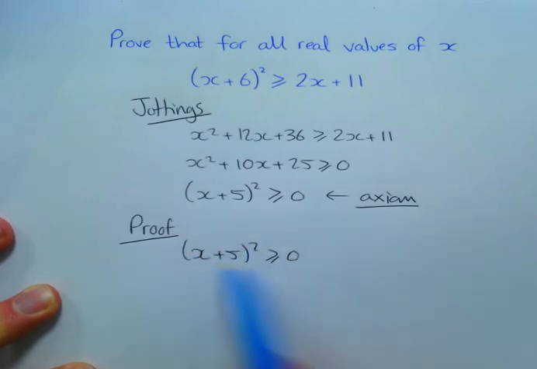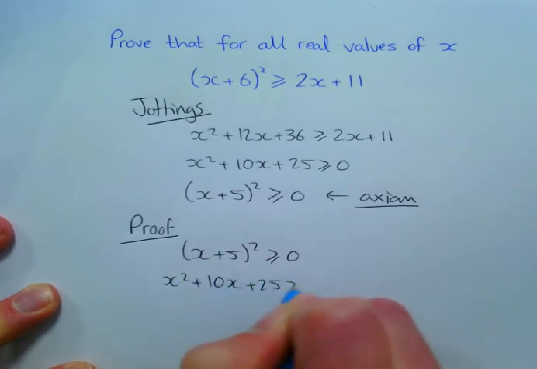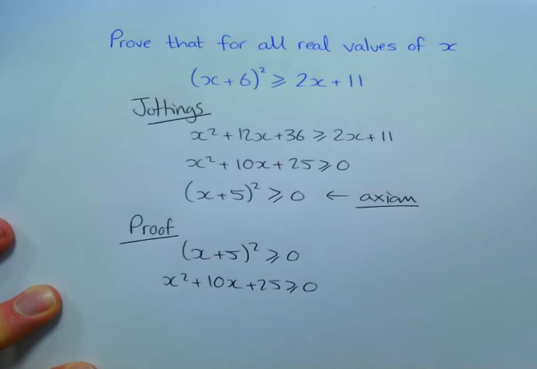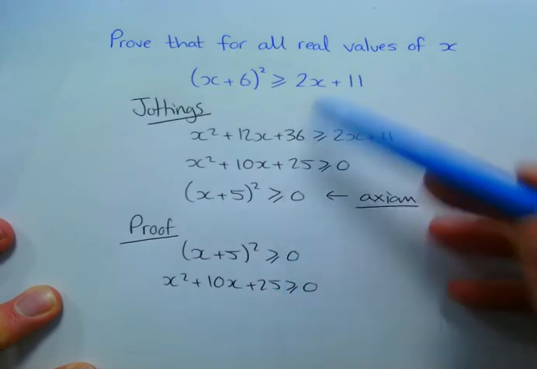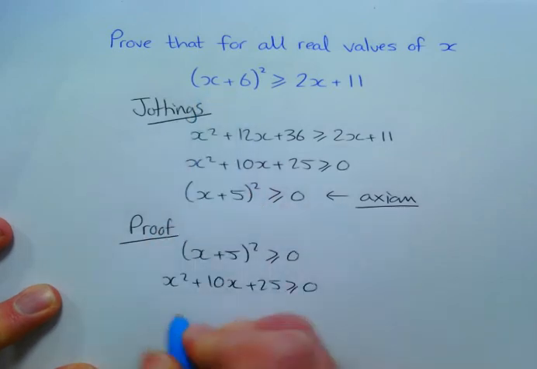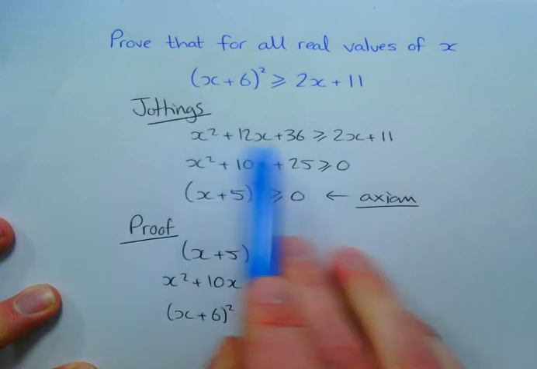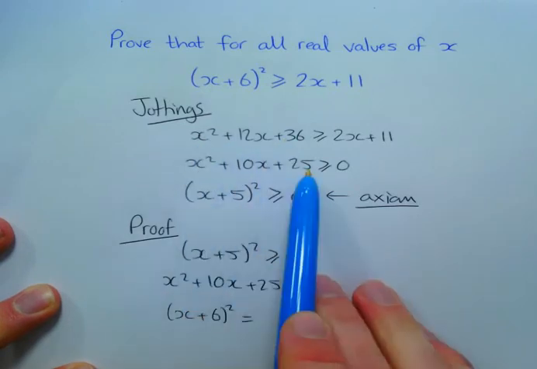So from here, the only thing you can do is expand. So if we expand this out, it's pretty hard now to get back to here. So what you want to try and think is, well, what is this equal to? We know that is equal to this, and this is equal to that plus this.